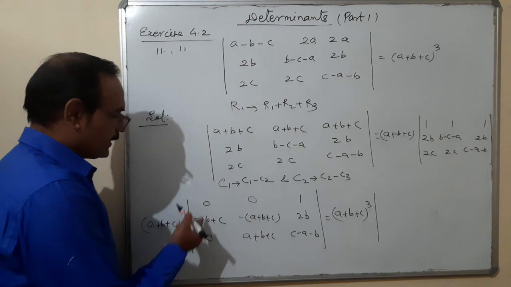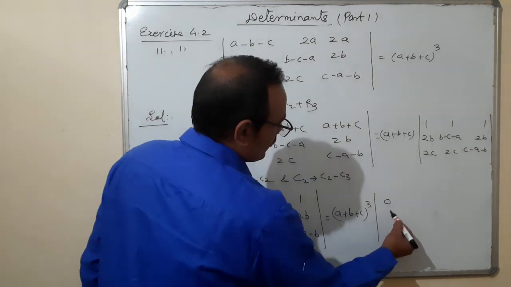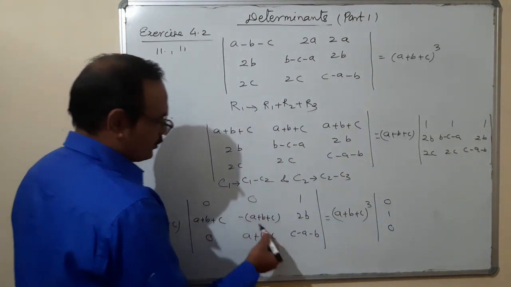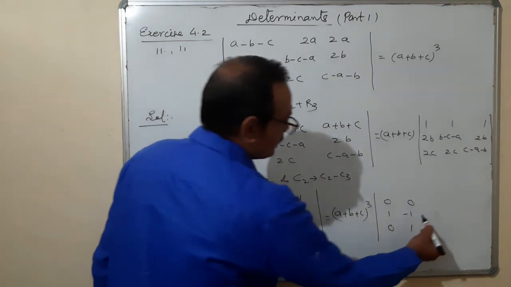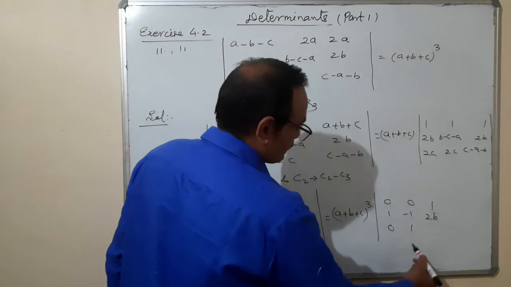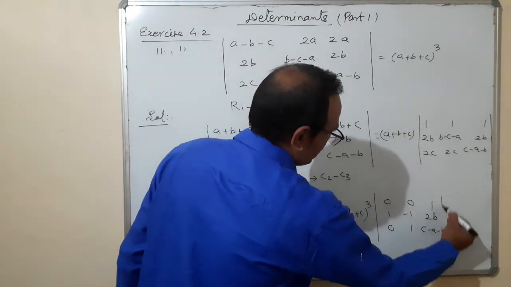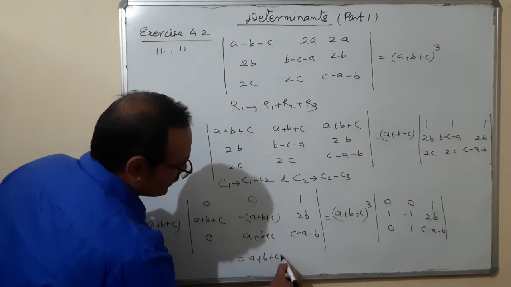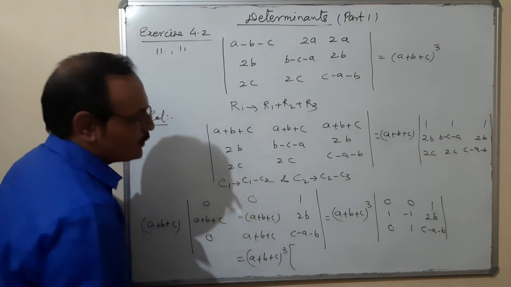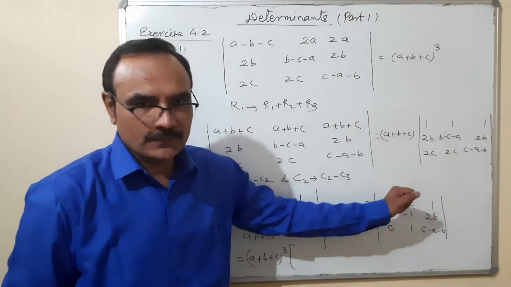Remaining terms I am writing here in the determinant. 0, 1, 0. Here is 0, minus 1, 1. And third one is 1, 2B and C minus A minus B. Okay. So that is coming A plus B plus C whole cube. And obviously we know that the value of this determinant should be coming 1.